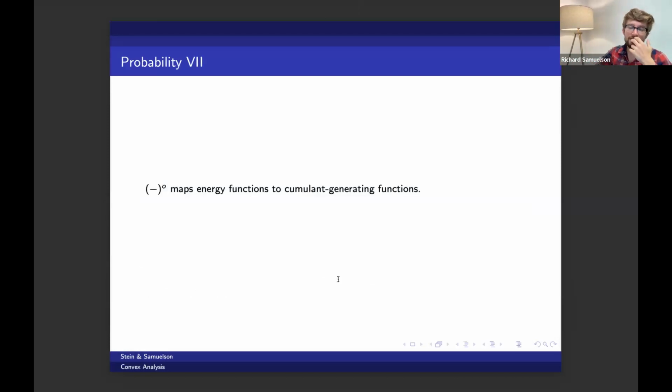If you look at these energy functions, the inverse adjoint operation takes the energy function of a Gaussian distribution and maps it to what is called the cumulant generating function, which is the logarithm of the moment generating function. That's how that operates on these energy functions.